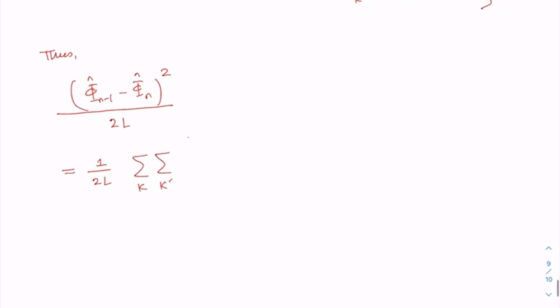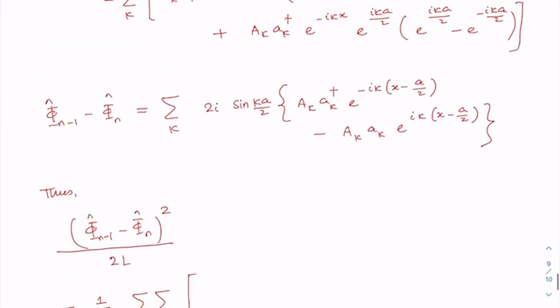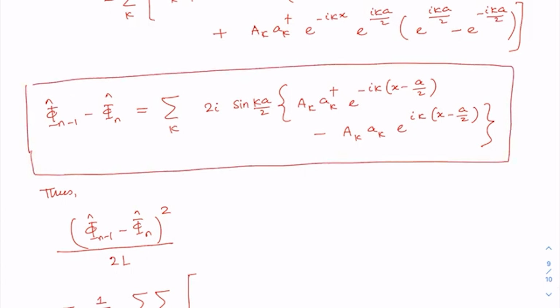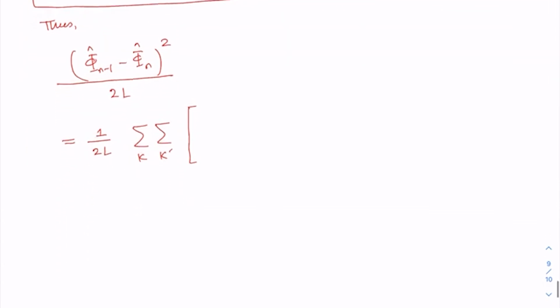Utilizing this expression, let me write the full thing. You will have 4 minus 4 sine k a by 2 sine k dash a by 2.